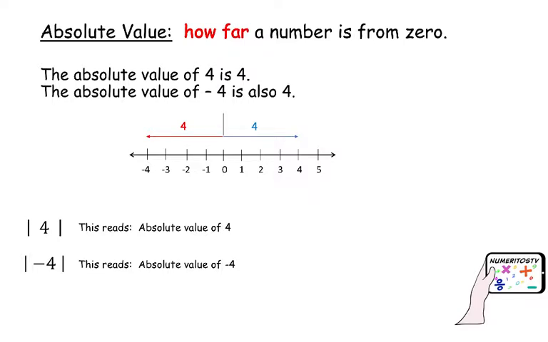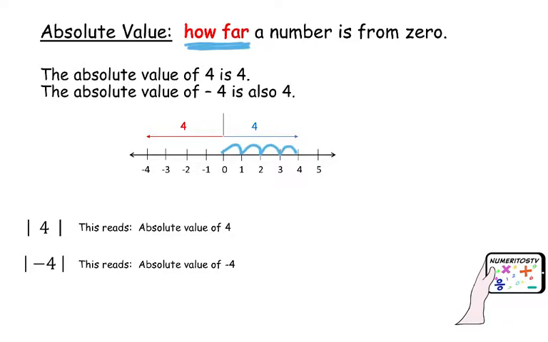But what is the absolute value? These two, opposites and absolute value, sometimes can be confusing. So absolute value is how far a number is from 0. How far means a distance or a magnitude. So the absolute value of 4, for example, is 4 because it's 4 units away from 0, the distance, the magnitude.